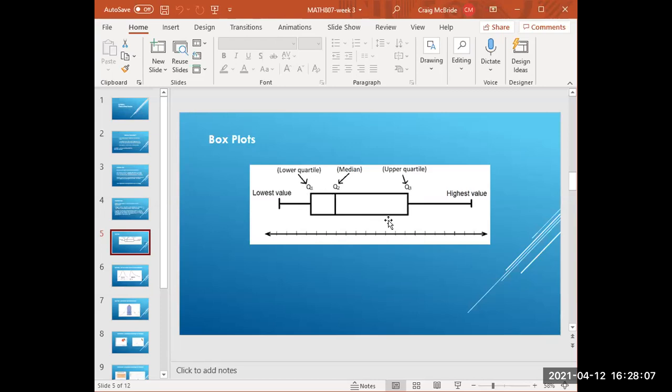Now let's say Q1 is 30, and let's say Q3 is 40 to make the math really easy, right? So our IQR is 10 because we're going 30 to 40. Then what you do is you take that interquartile range of 10, you multiply it by 1.5, you get 15.